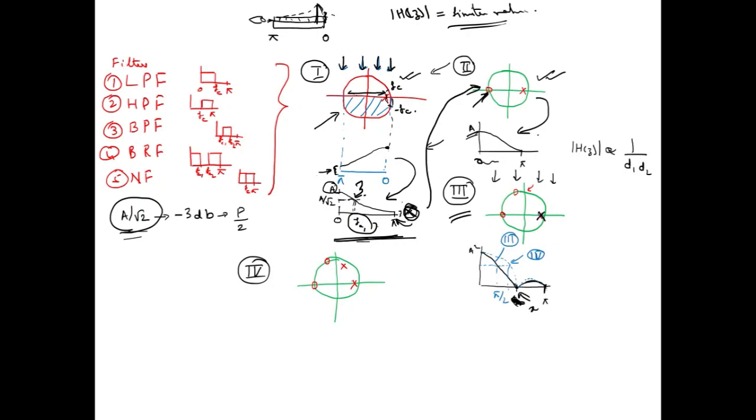Okay. Now, what happens is that when I want to manipulate the frequency response so that I can get a low pass filter having a particular cutoff frequency, what to do?